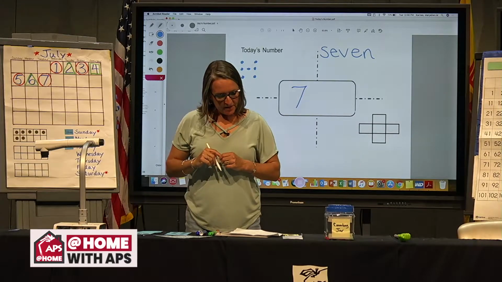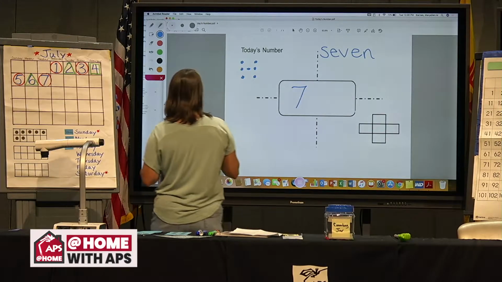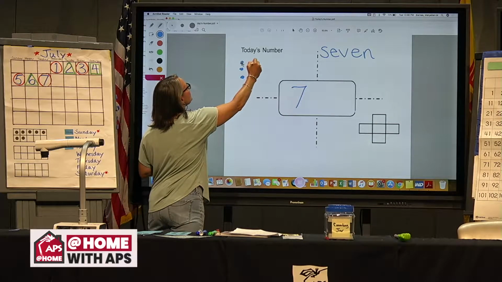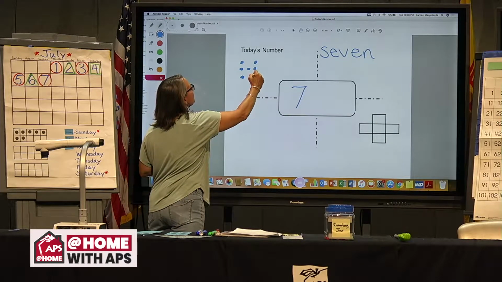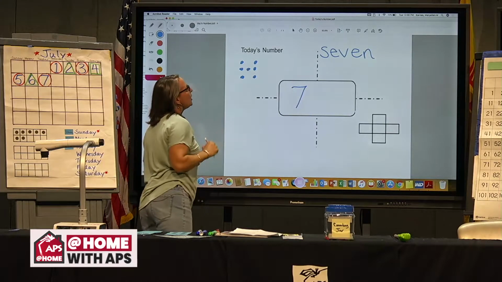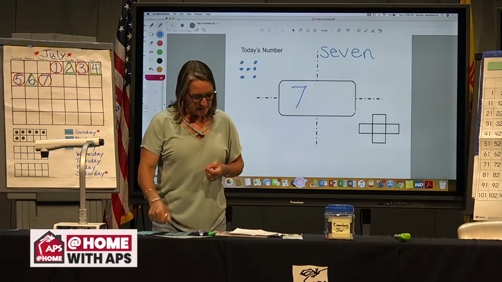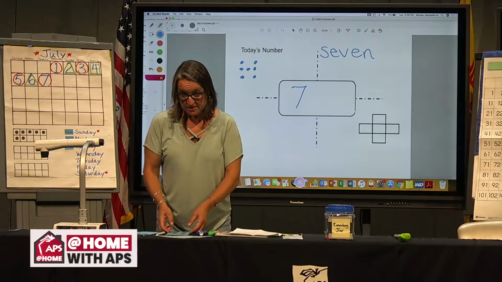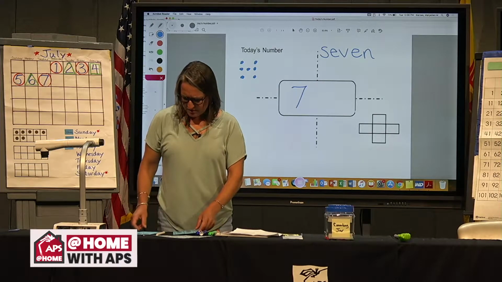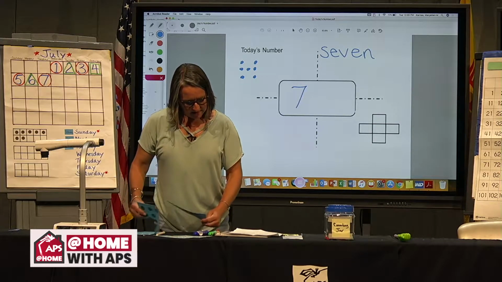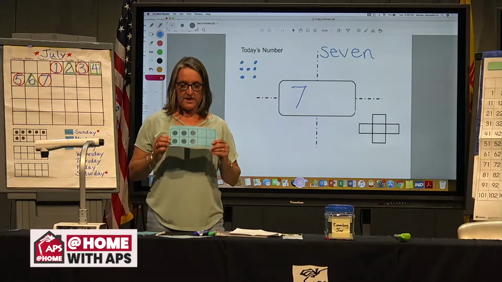Well, you know, this makes me think about, since 6 is a doubles pattern, 3 and 3, and for 7 we add 1 more. 7 is almost a double. It's like a doubles plus 1, which is what you had been working on with Mrs. Obenshane earlier in the week or last week. So let's take a look at what those look like on a frame.